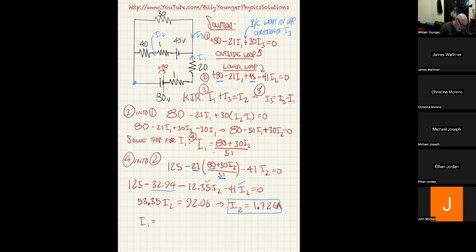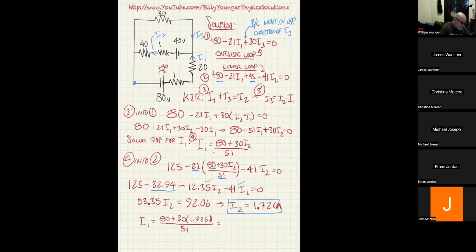I know that I1 is supposed to be 80 plus 30 times 1.726. I'm not even going to write amps up there. I started off without using those units. And then all that's going to be divided by 51. So I've got 30 times 1.726, and I'm adding 80 to that.